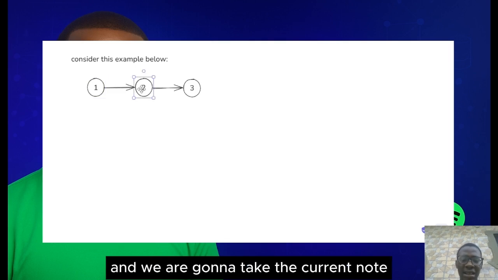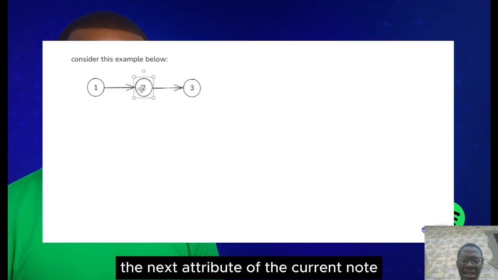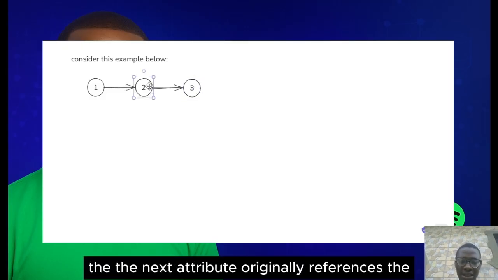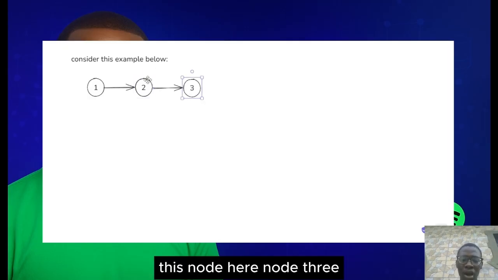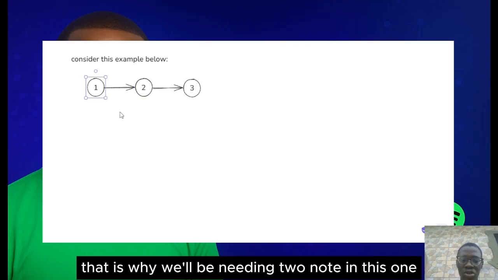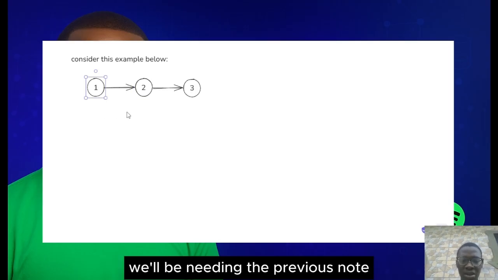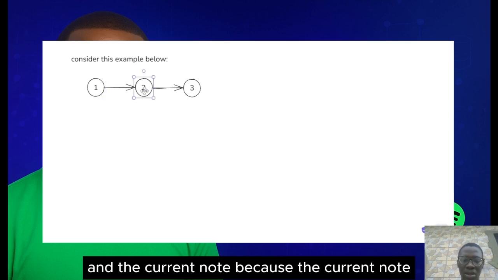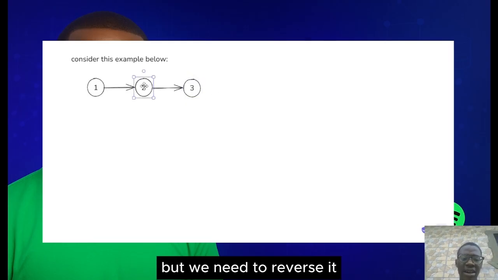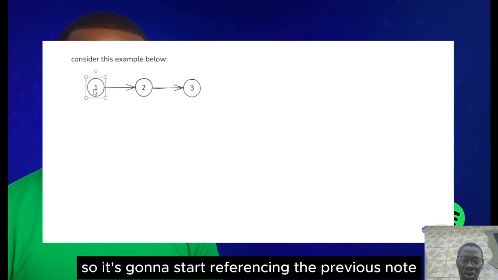Instead of the next attribute of the current node referencing the next node, it originally references node 3, but now we are going to make it reference the previous node. That's why we'll be needing two nodes: the previous node and the current node, because the current node has a next attribute that is referencing the next node, but we need to reverse it, so it's going to start referencing the previous node.